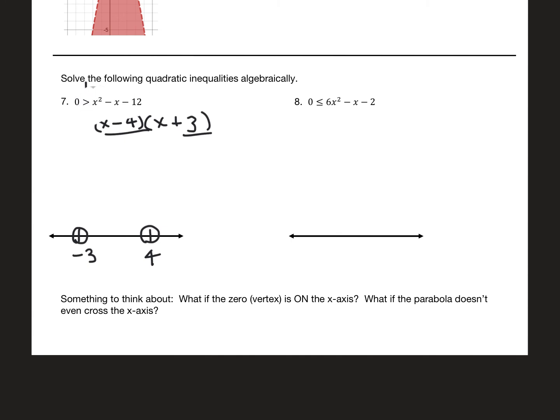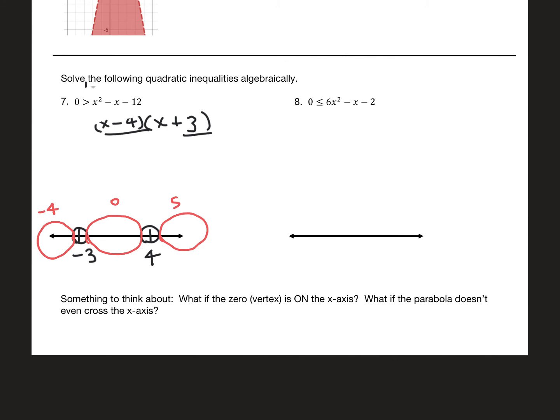Okay, what I mean is we're gonna have to do some testing here. Okay, I'm gonna test a number over in this region, maybe, I don't know, -4. I'm gonna test something in between here, maybe 0. And I'm gonna test something over here, maybe 5. Okay, you can pick any number you want. I just need to know which of these 1, 2, or 3 regions is true.